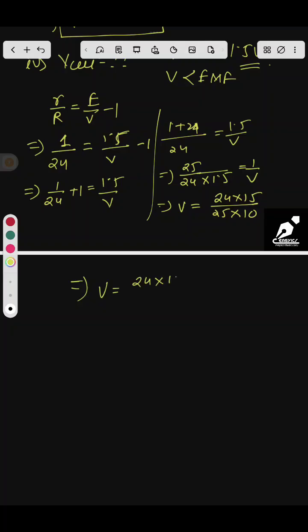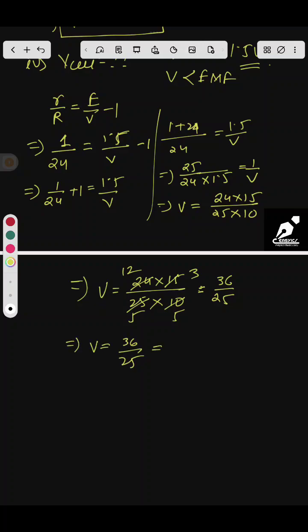First, see the traditional way of doing the numerical, then I'll show a shortcut also. 12 into 24, 5 into 10. It is 36 upon 25. And now it is a little bit trickier to solve and get the decimal. 36 upon 25. Okay, fine.